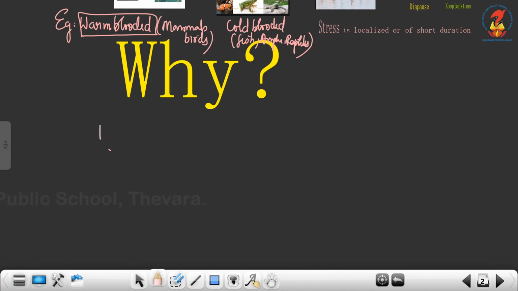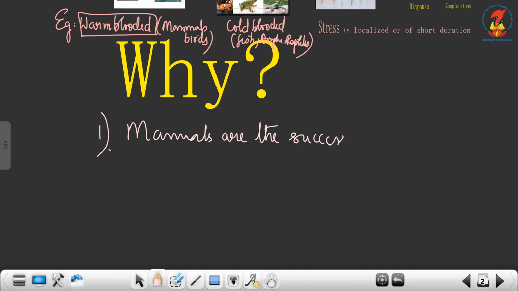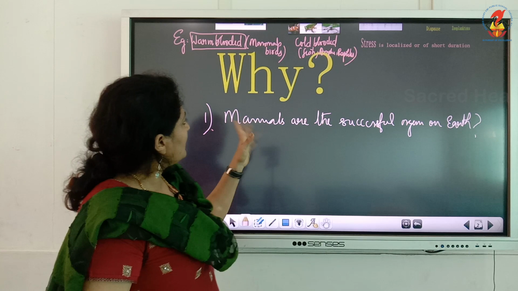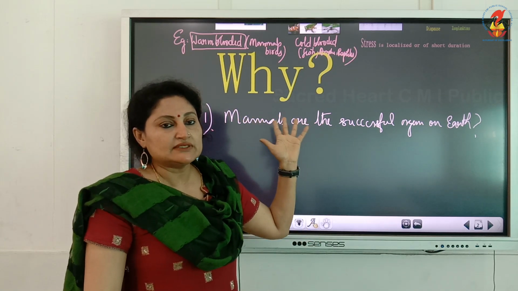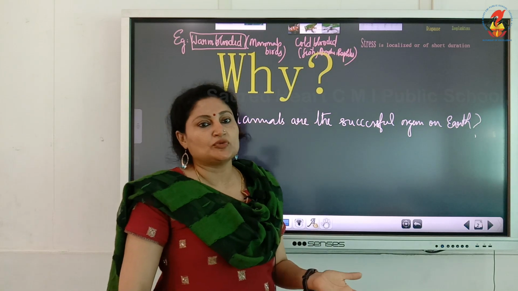The first why question is, why mammals are the most successful organisms on earth? First why, let's solve it. Why mammals? The very same reason. We were talking about mammals and birds having the ability for homeostasis.